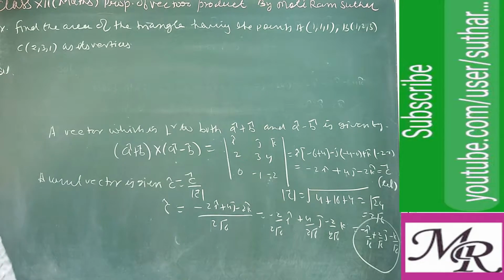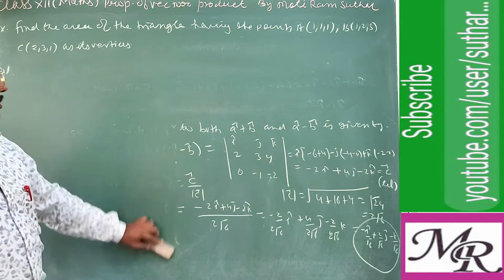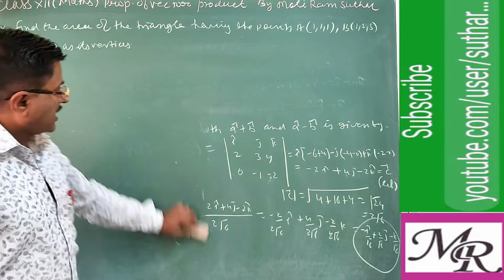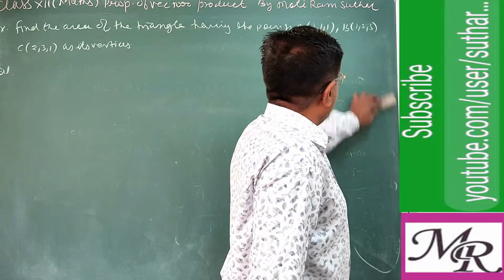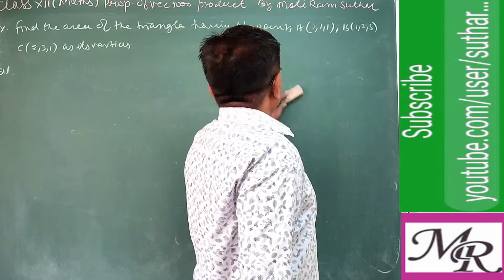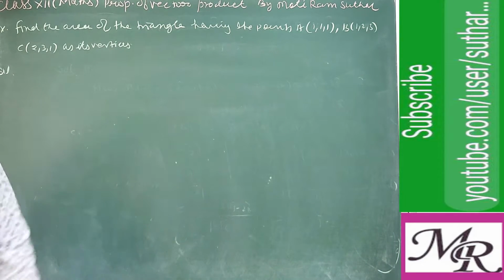To find the area, when two adjacent sides of the triangle are given as vectors, we want to find the sides if the coordinates are given. Clear? So we have vector AB.